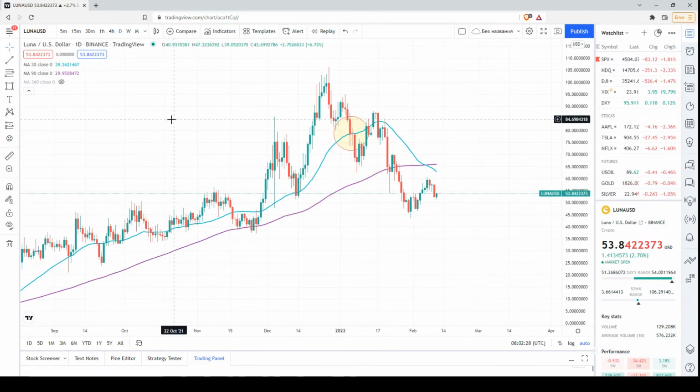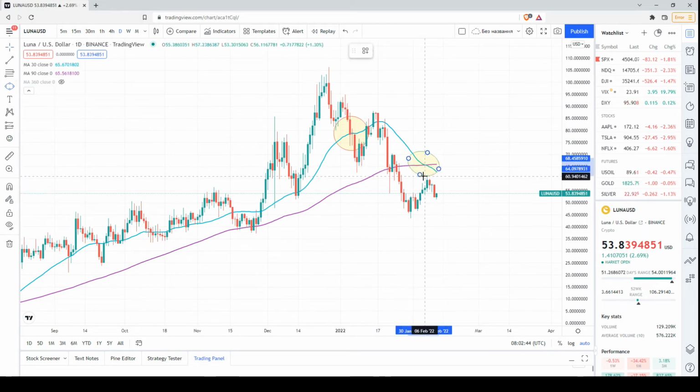Next, if we add the 3-month or 90-day moving average, the price dropped below it in the second half of January. Even a bearish moving average crossover took place here.